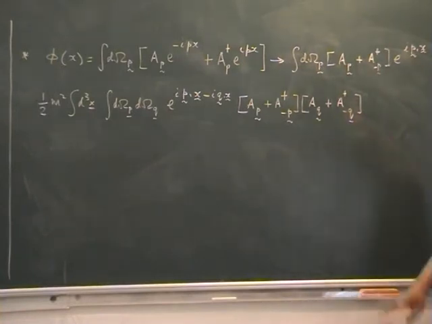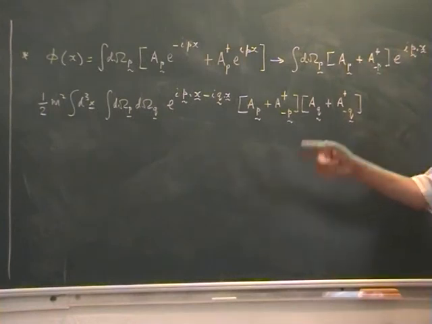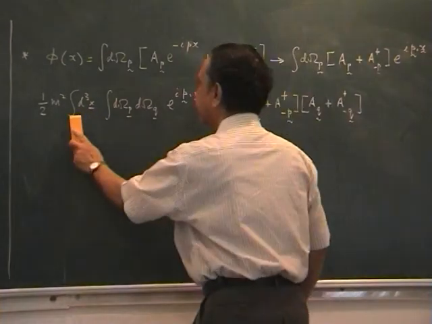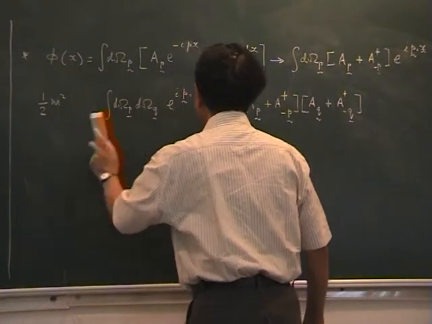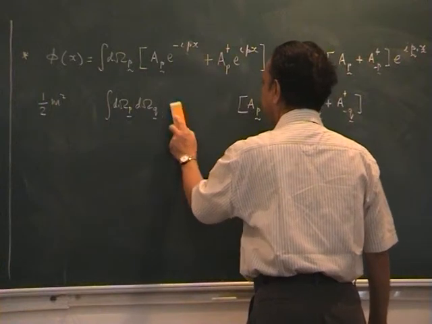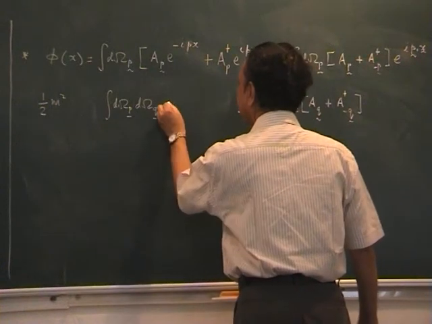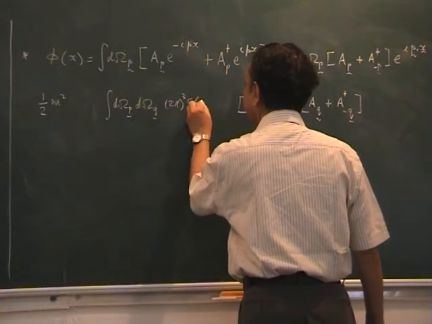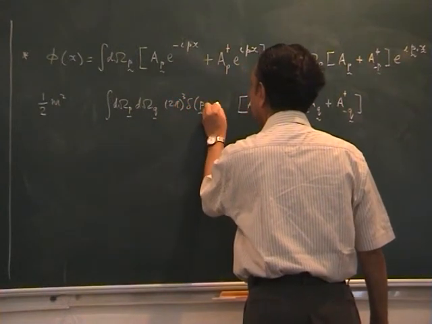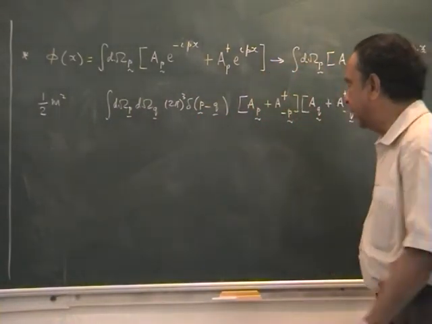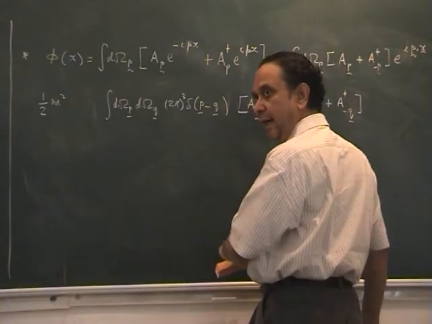So this is the structure of that m square phi square term in the Hamiltonian. Now we do the integral over d3x. So if you do the integral over d3x, this is going to give you a Dirac-Delta function 2 pi the whole cube into Dirac-Delta function of p minus q. So let us do the integral over d omega q using that.